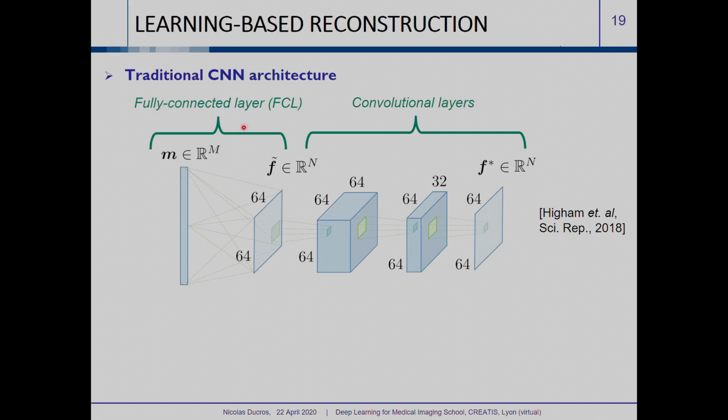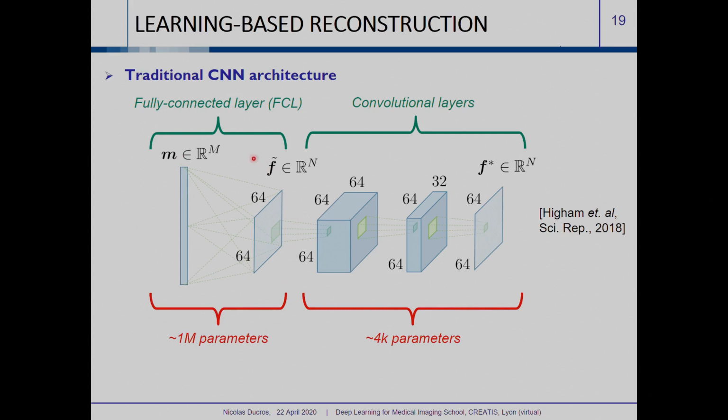So we proposed first to use this analytical solution for the fully connected layer that is used in the deep reconstruction network. Here we have a lot of parameters. For instance, in this example, we had 1 million parameters in these fully connected layers, and only 4,000 parameters in the convolutional layers. So the idea here is to freeze those weights so as to behave as the best linear solution you can have for your problem, and then only train these 4,000 parameters.